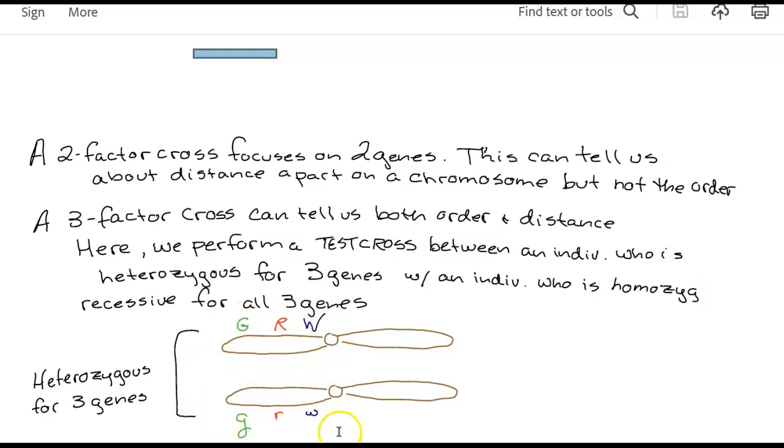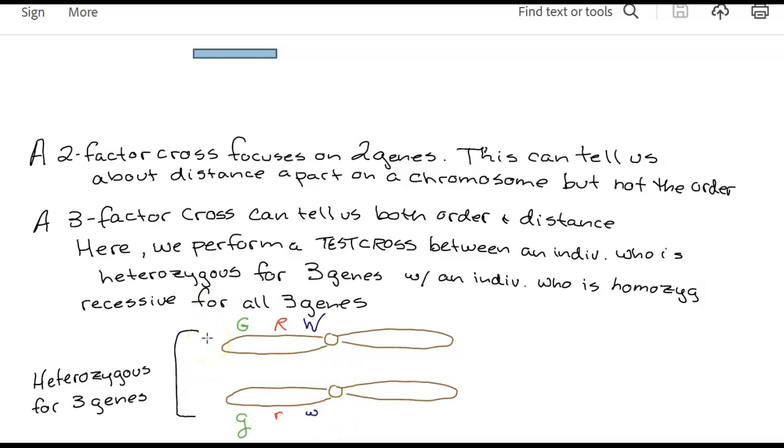So this basically means that we took two true breeding parentals, one that was true breeding for the dominant condition, capital G, capital R, capital W, and we crossed it with one that was homozygous recessive for those same genes, and this would be the F1, right?